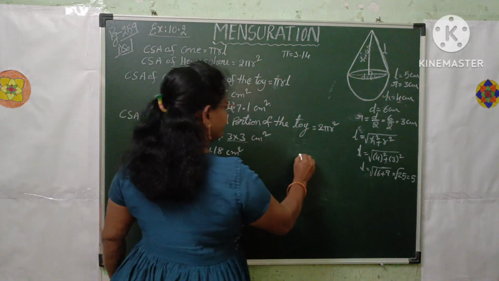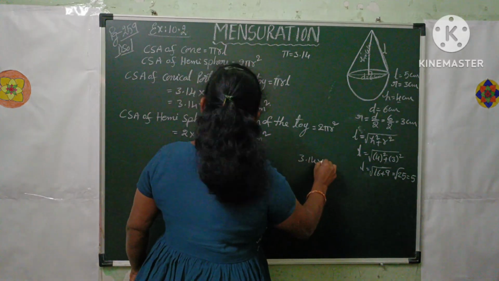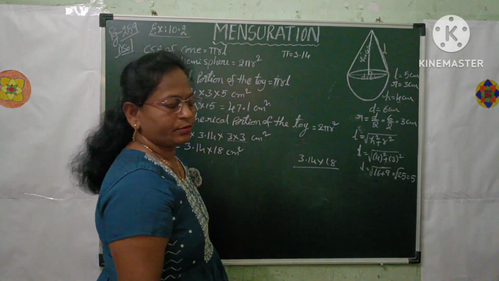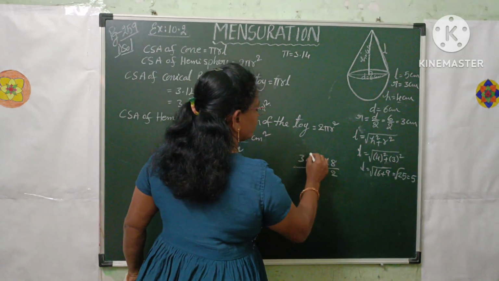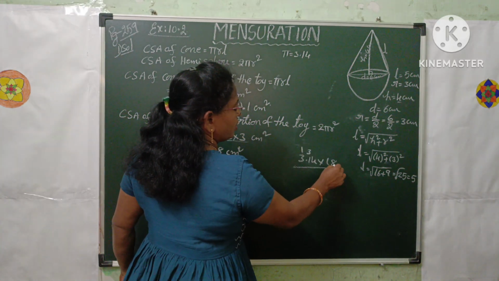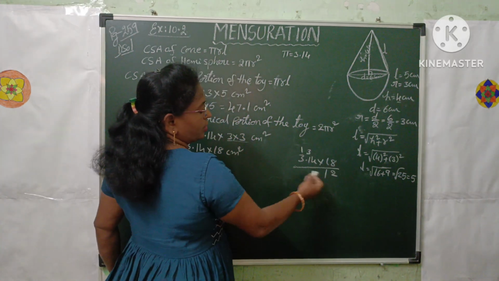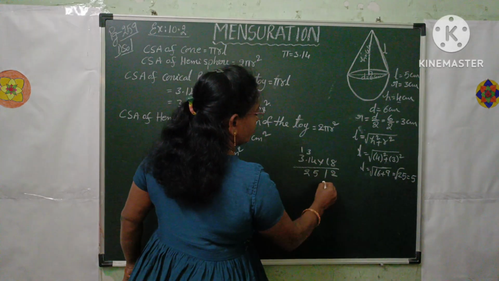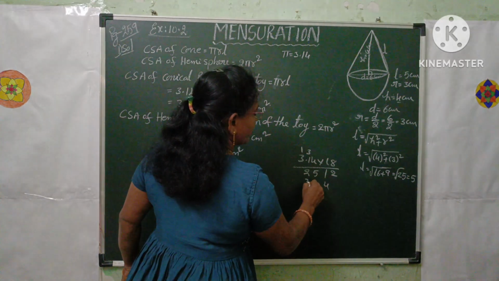Now multiply 3.14 into 18. 8 4s are 32, 3 1s are 3, 8 1s are 8, 3 8s are 24, 24 plus 1 is 25.